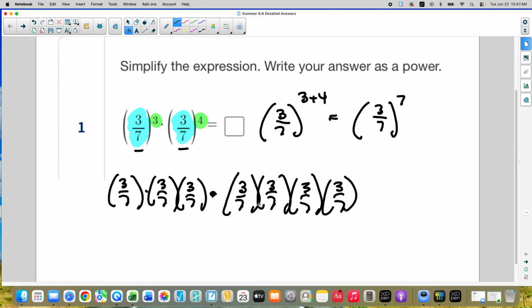And much like the other one, these don't cancel, but you end up with 1, 2, 3, 4, 5, 6, 7 multiplying itself, which is the power. So that is 3 and 4, so you get 7.